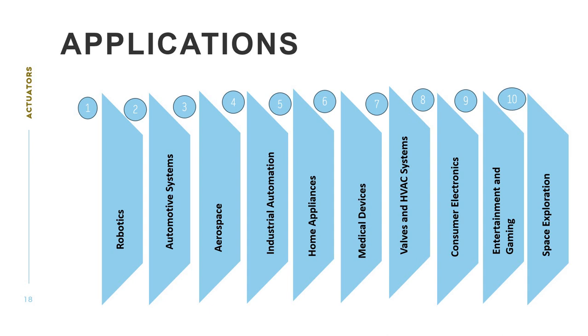And next are valves and HVAC systems, where actuators control the valves in plumbing and heating systems, ensuring the right flow of water and adjusting the temperature in our homes and buildings. And next is consumer electronics.